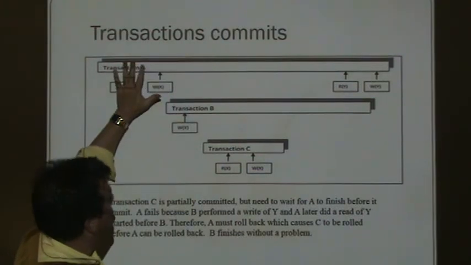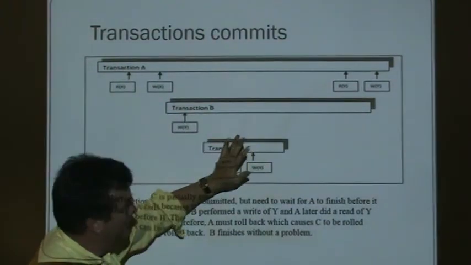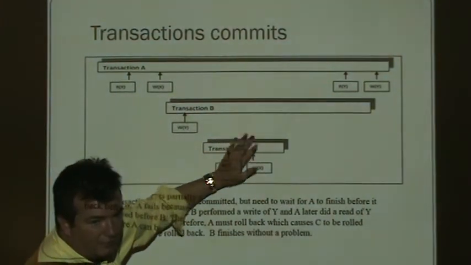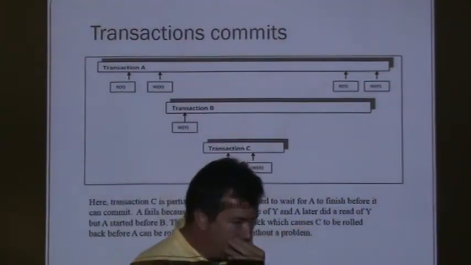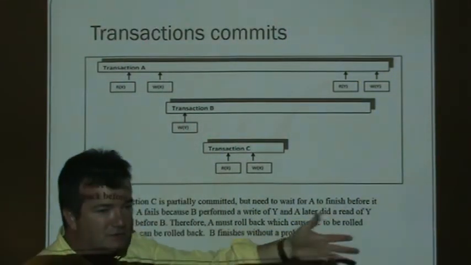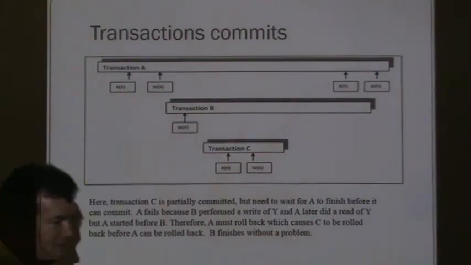So it has to be as though A ran first and in its entirety, and then C ran in its entirety after A finished. Whatever those database results are would be consistent with one particular schedule.